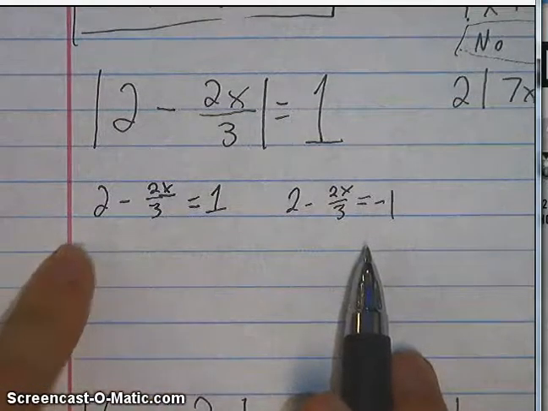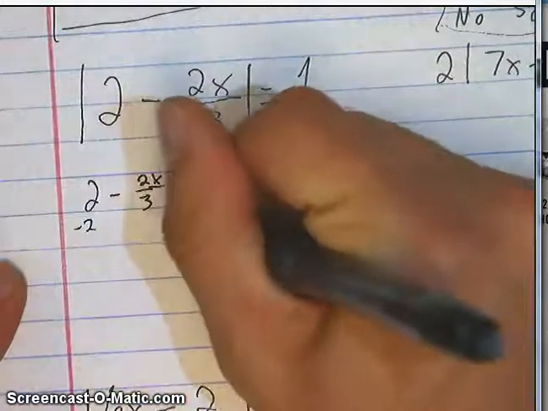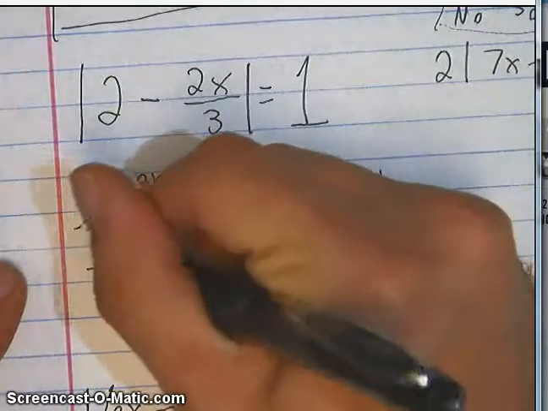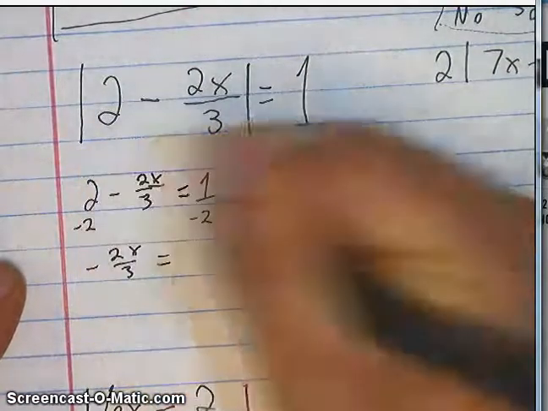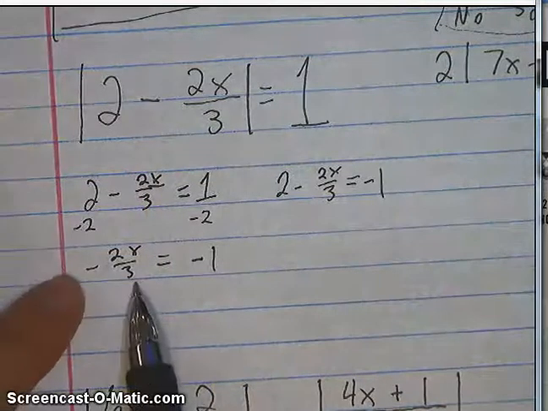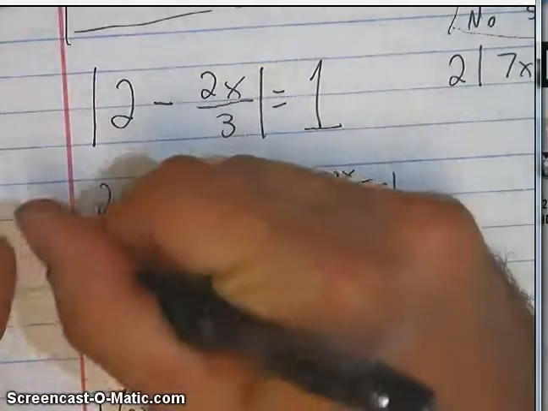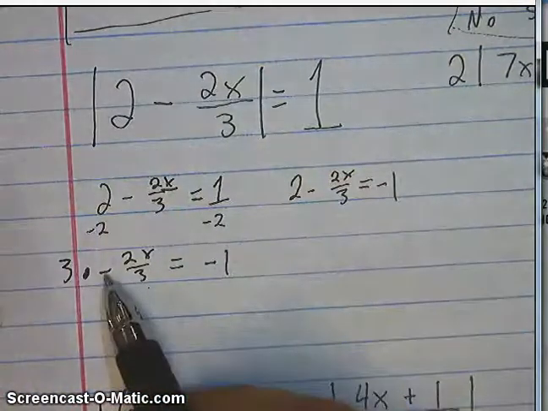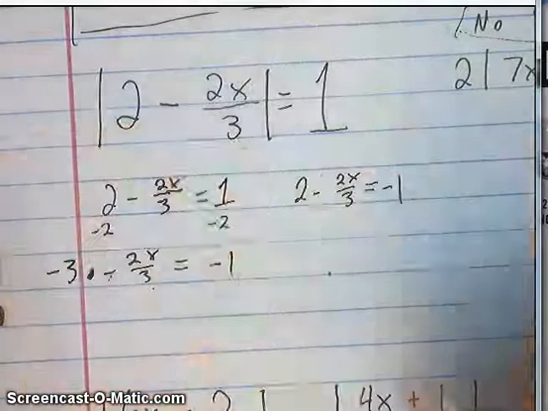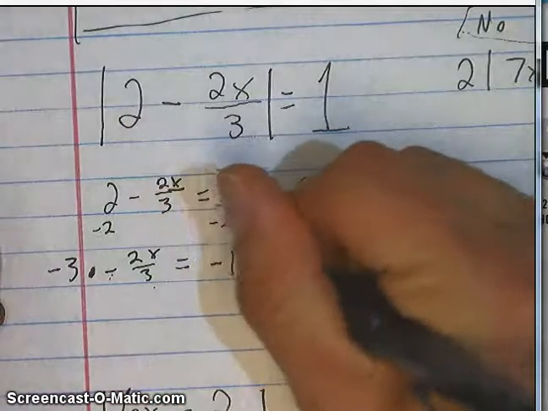I'm looking at that 2 first. I'm going to subtract 2 from both sides, so minus 2, minus 2. I'm going to have negative 2x/3 equals, that's negative 1. Now I'm going to get rid of this negative and this 3. The opposite of divide by 3 is multiply by 3. And to undo that negative, I'm going to go ahead and multiply by negative 3. Whatever I do on one side, I have to do on the other side.